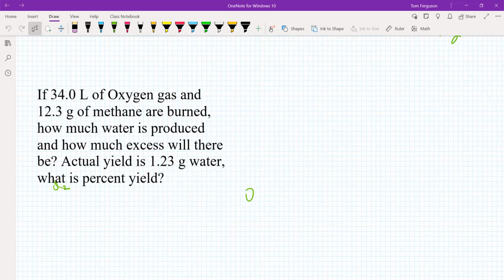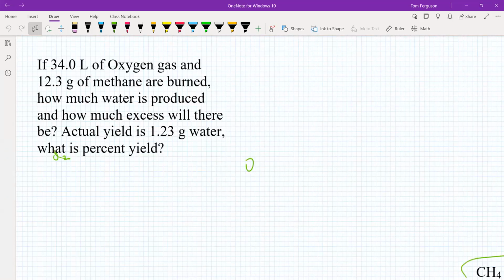First step, so 22.4 per mole. There's the balanced equation.